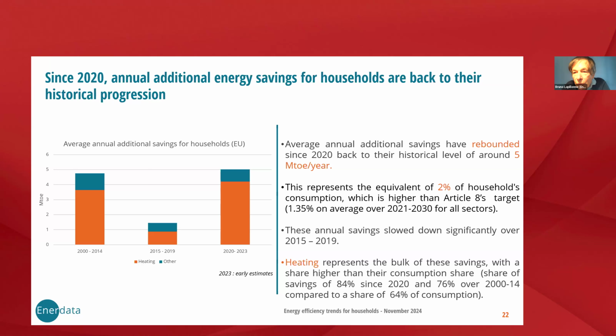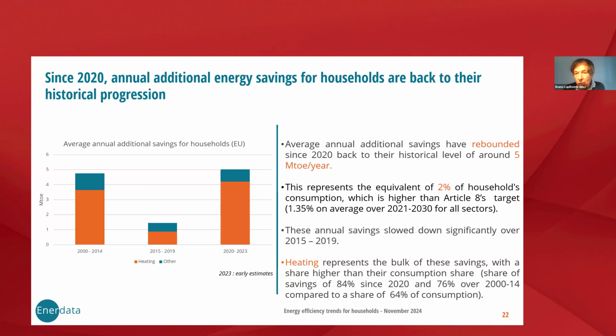This represents the equivalent of 2% of the household consumption, which can be put in perspective with the Article 8 target, which corresponds to all end-use sectors and has a different definition because the savings should be related to policies, whereas here what we measure is, of course, the impact of policies, but also the impact of prices and the impact of autonomous technical progress, the fact that people will buy more efficient appliances because the market is going in that direction, although there are no necessary policies behind it.